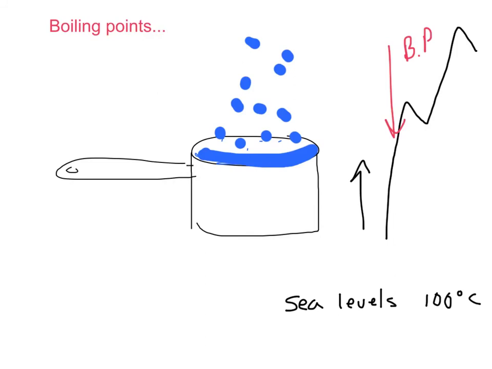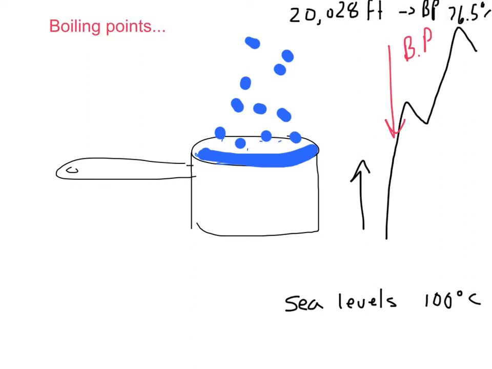So say at Mount Everest, which is about 29,000 feet above sea level, my boiling point is only 76.5 degrees Celsius.